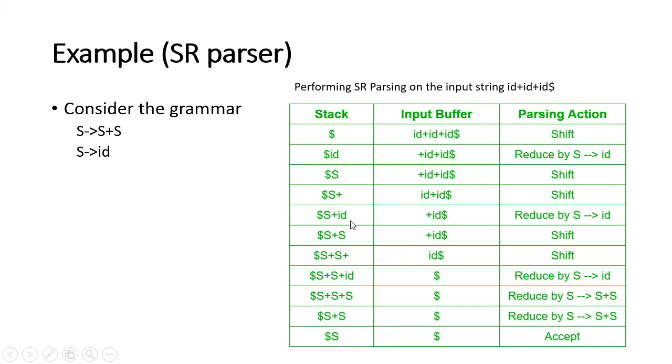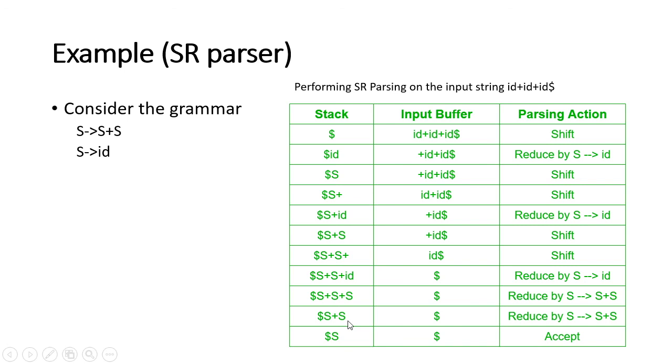You take ID and bring it here, that's a shift action. Now ID matches the grammar rule S, so it is a reduce action. Again plus comes here, it's a shift. Again ID comes here, it's a shift. Again there's a match with ID, so it's a reduce action. Again there is S plus S, and S plus S derives S, so it's a reduce.